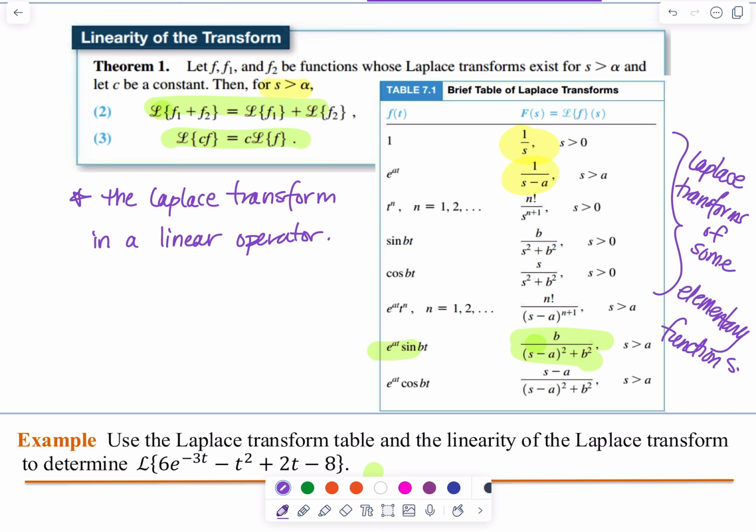And we will be very familiar with these after working a few problems. And these do come up quite often when we solve linear differential equations with constant coefficients.